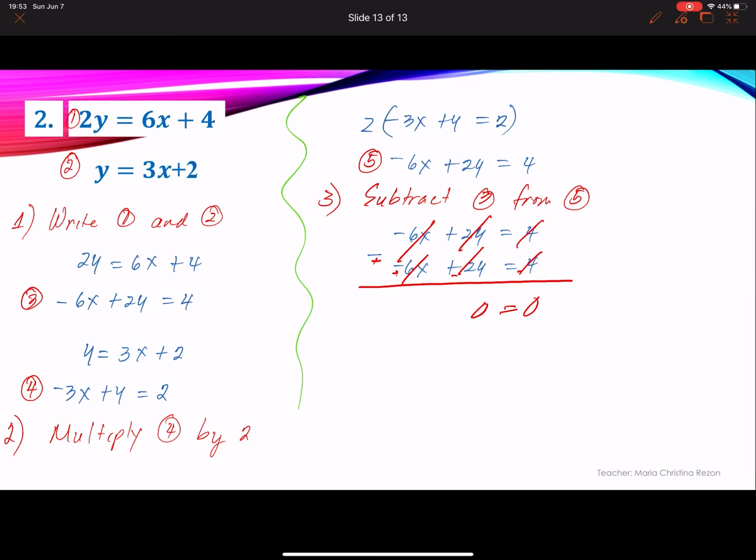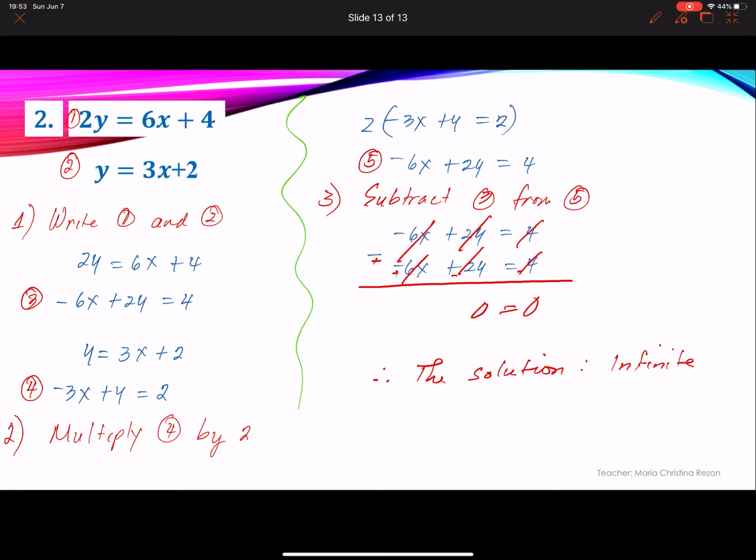And this is a true statement. Therefore, the solution is infinite. It has infinitely many solutions.